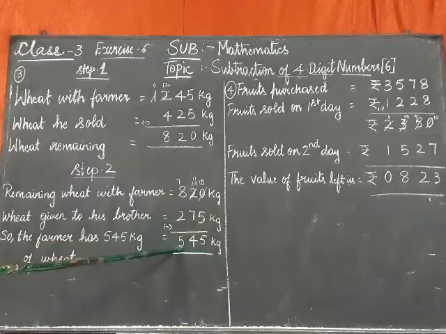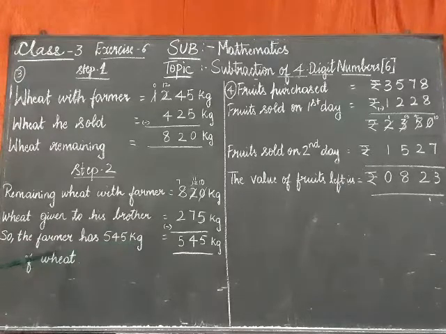This is the actual wheat that the farmer is having. After selling and after giving to his brother, this is the actual amount of wheat that the farmer is having with him right now. So the last statement I am writing is, so the farmer has 545 kgs of wheat.